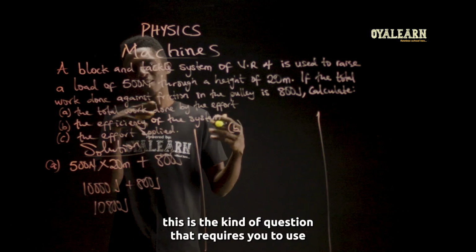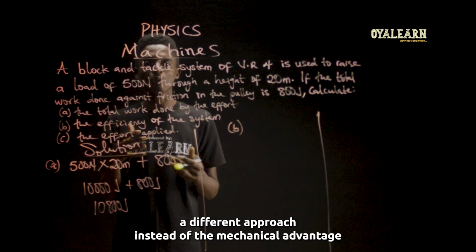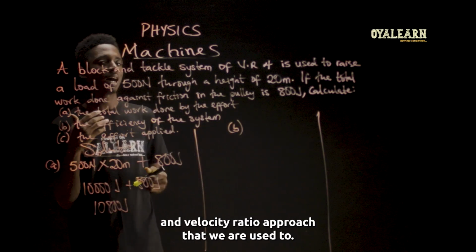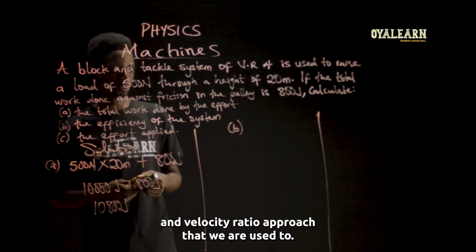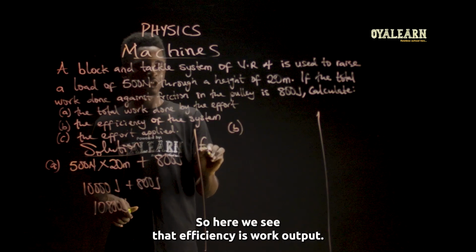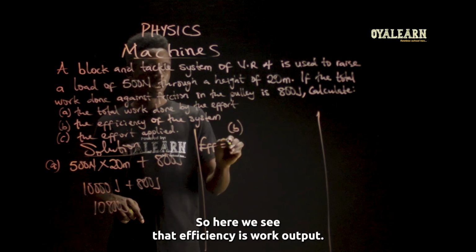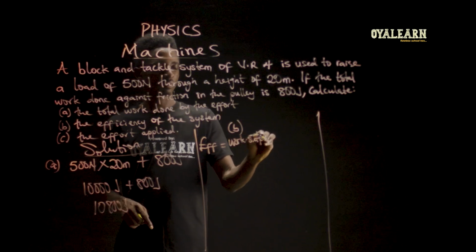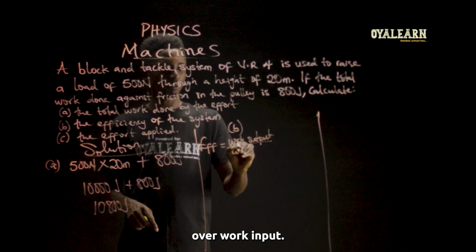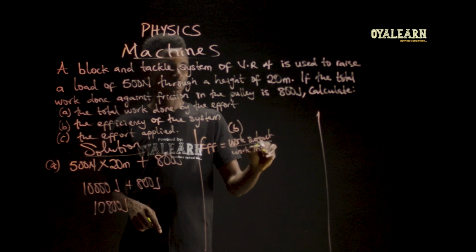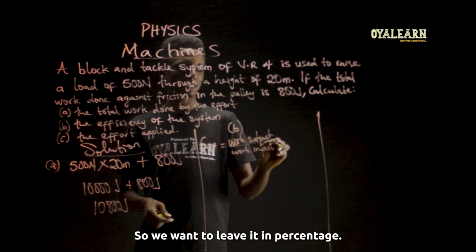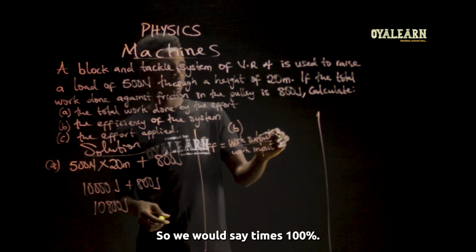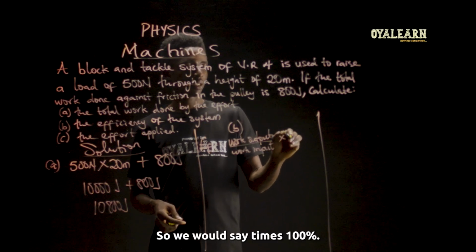This is the kind of question that requires you to use a different approach instead of the mechanical advantage and velocity ratio approach that we are used to. So here we see that efficiency is work output over work input. So we want to leave it in percentage, so we would say times 100%.